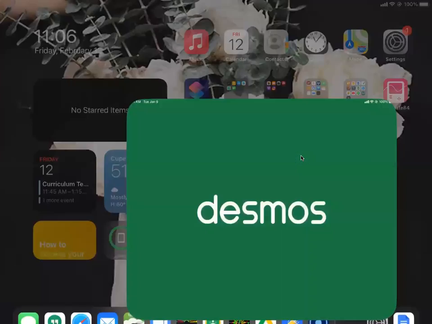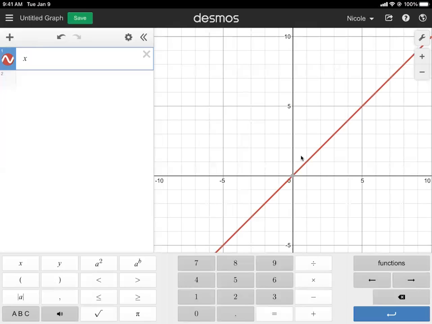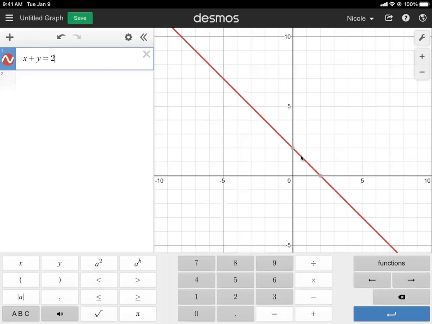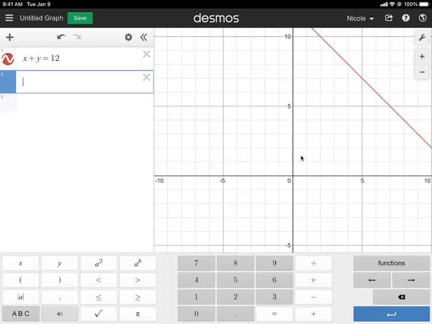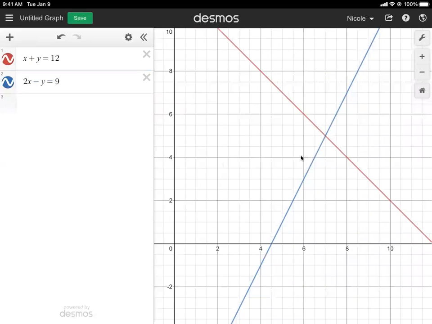So my two equations were x plus y equals 12. What was my other equation? 2x minus y equals 9. And there we go.